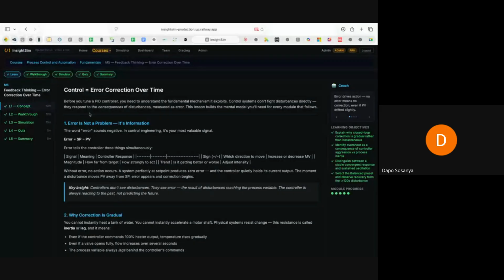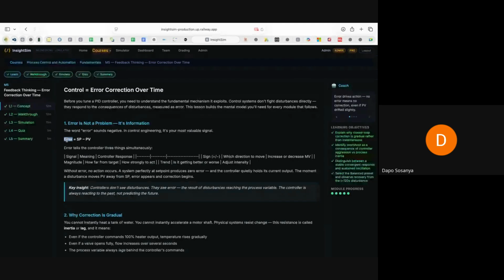So we have established that error is SP minus PV. And in the simplest form, all we are trying to achieve in the plant is to minimize error as much as possible. The closer error is to zero, the closer our process is to stability.